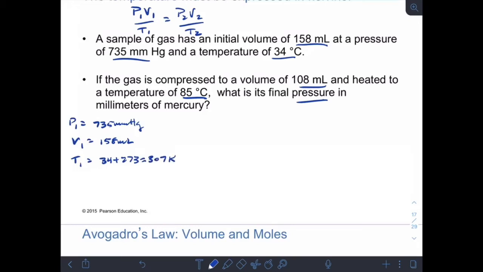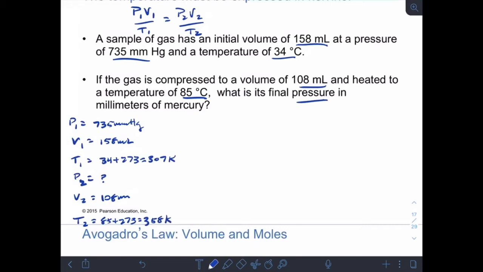Remember, always use Kelvin temperatures. Always, always, always. P2, we don't know. V2 is 108 milliliters. And T2 is 85 degrees C plus 273 gives us 358 Kelvin.